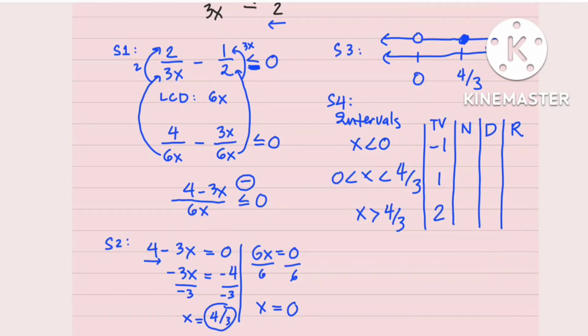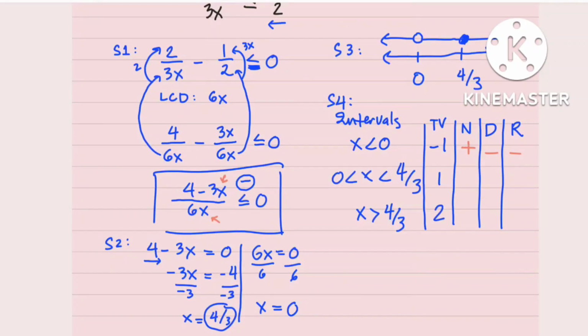If I replace the x in the numerator, so we go back here. If I replace this x here with -1, the sign of our numerator will be positive. While if I replace this x with -1, the denominator will be negative, and the ratio is negative.